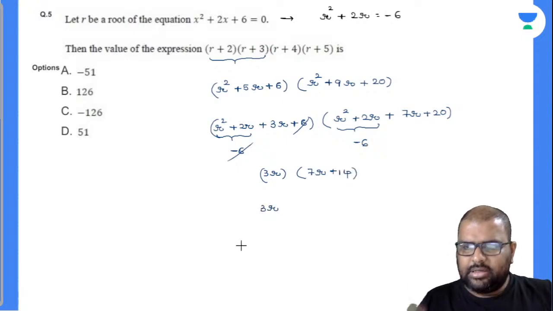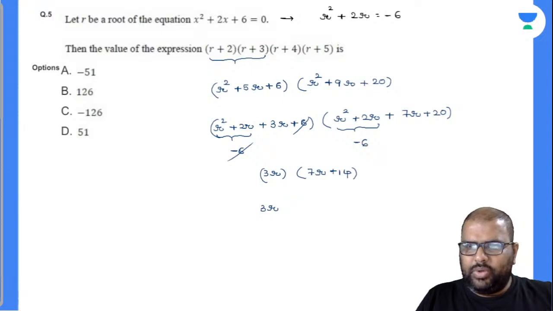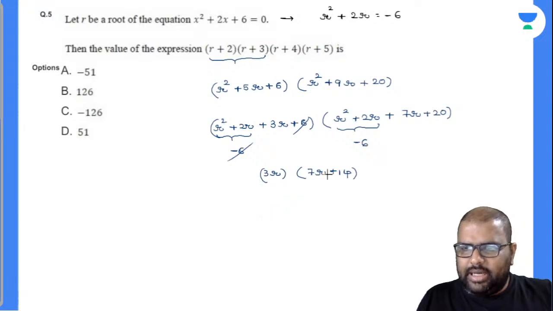3r into 7r will be 21r square. 3r into 14 will be how much? 14 threes. How can I write down this?